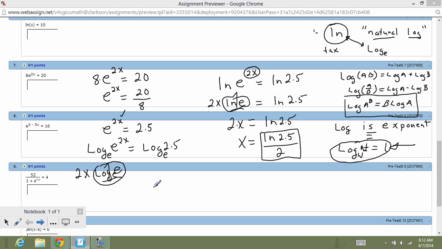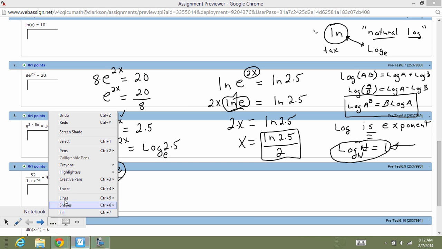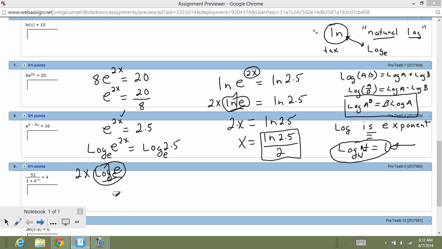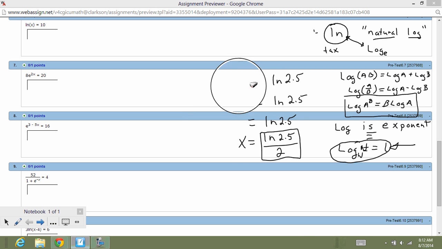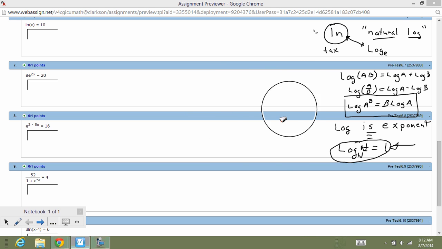Okay, so that's question number 7, and we'll move ahead to question number 8, and this one should go fairly quickly. You've got e to the 3 minus 5x, a variable exponent, equals 16.